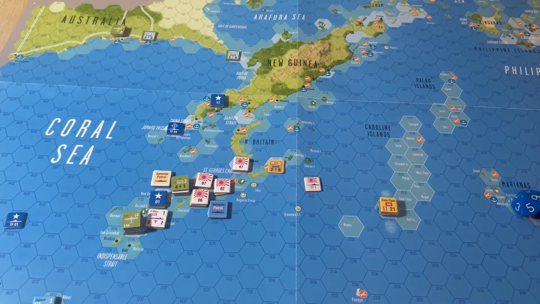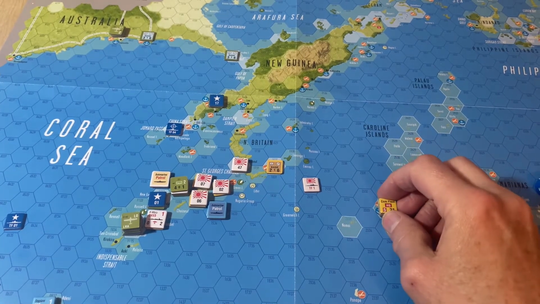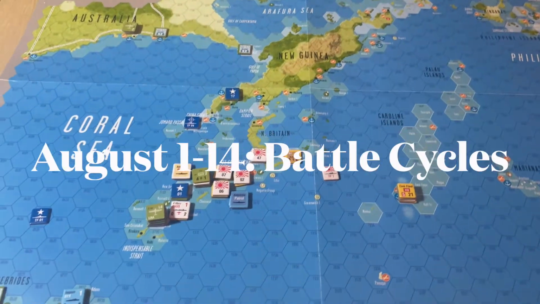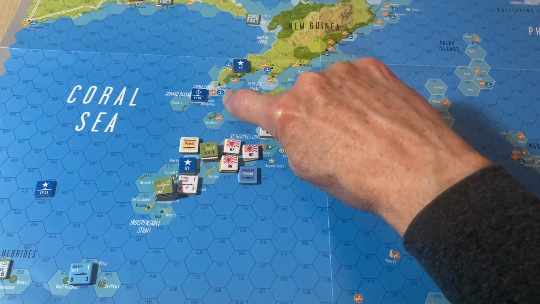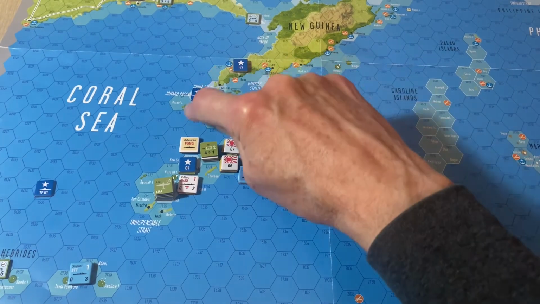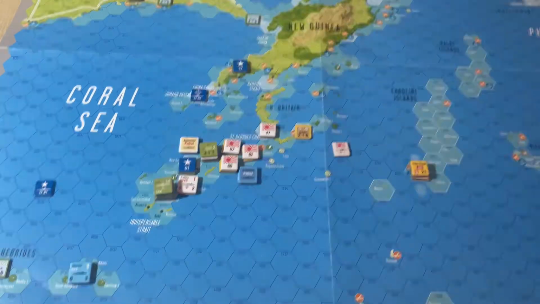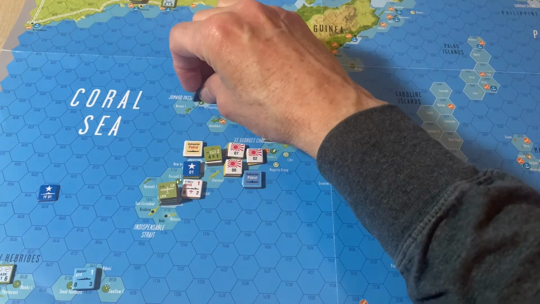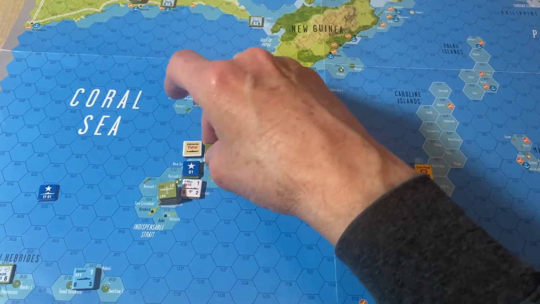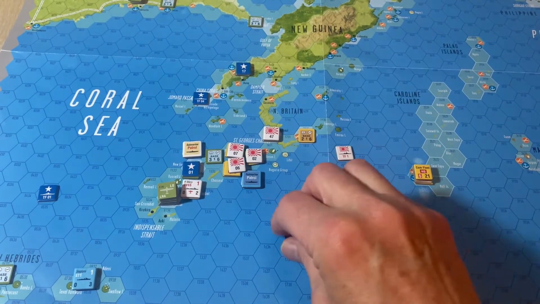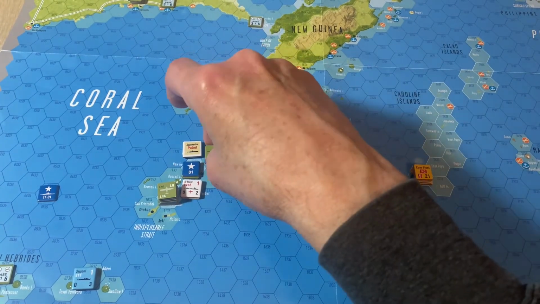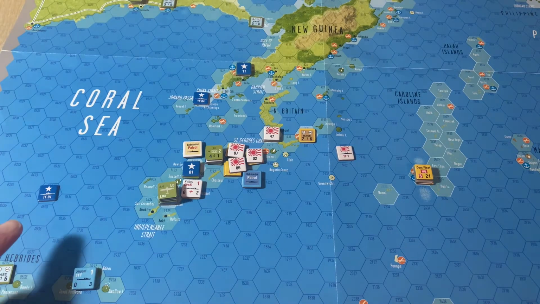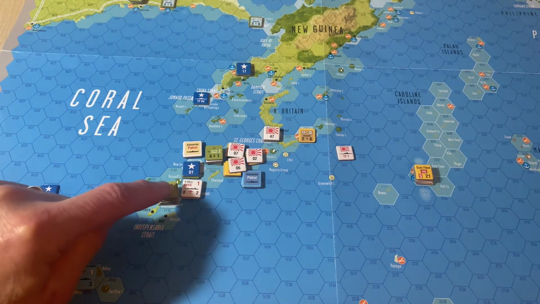All right, here's the end of the first battle cycle of the results. This task force coming down from Port Moresby is making its way. This has to be flipped now. I forgot to flip the detections, and this one is making its way to Guadalcanal.